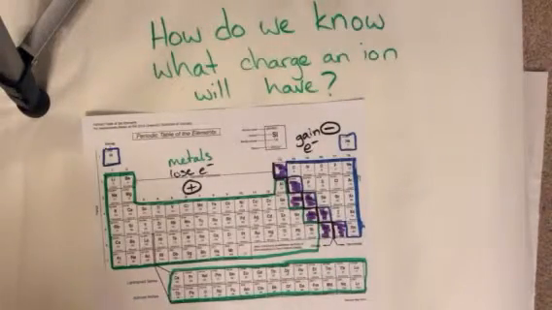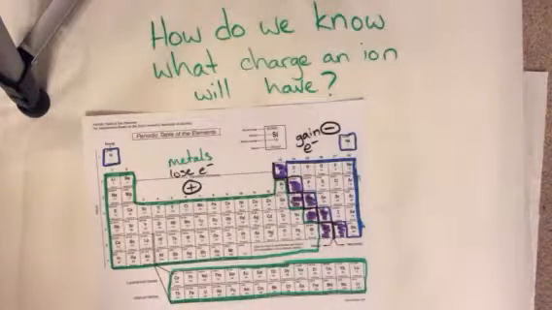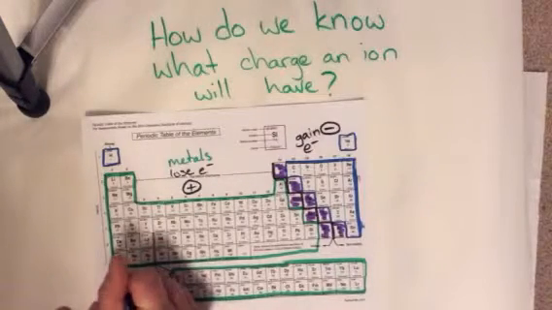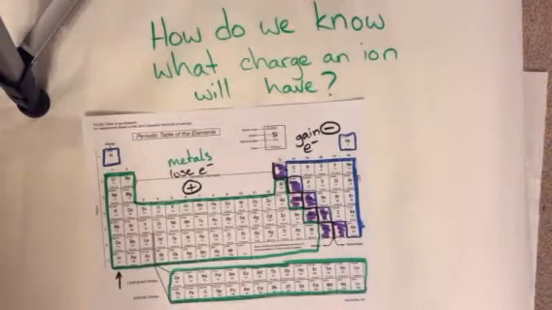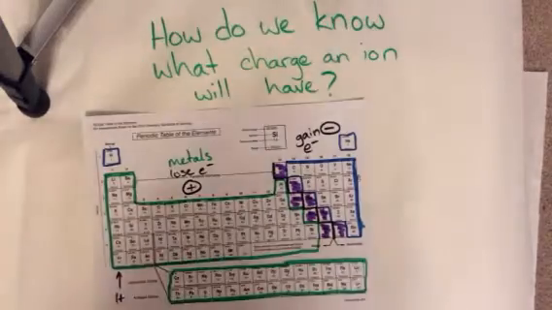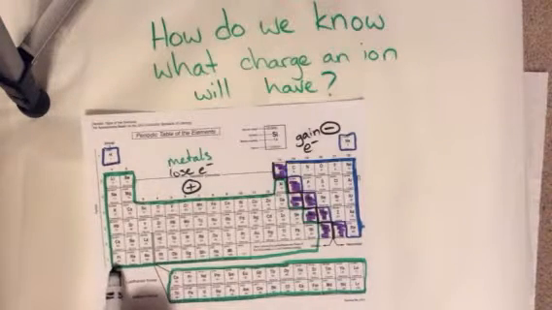Now, there's a couple of tricks that you need to know in order to find out what charge an ion will have. That's key to being able to name some of these things. Group 1 is always, always, always going to be a 1+ charge. That's because these metals want to lose one electron.